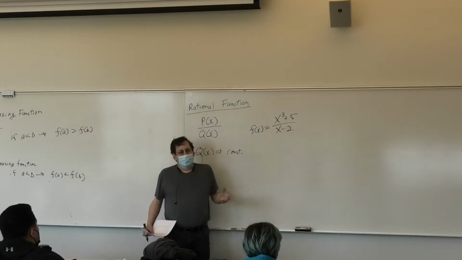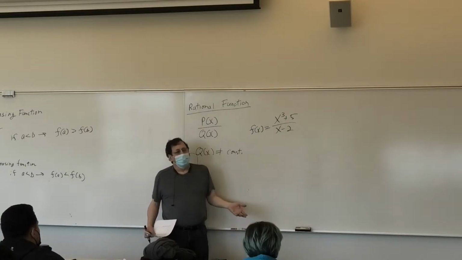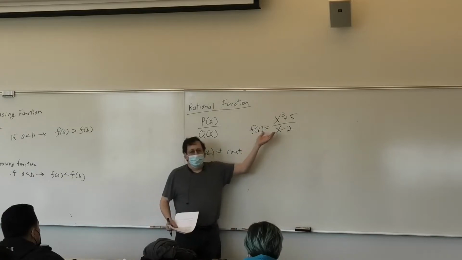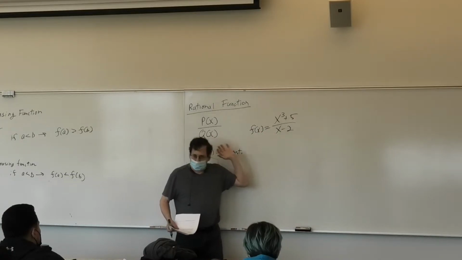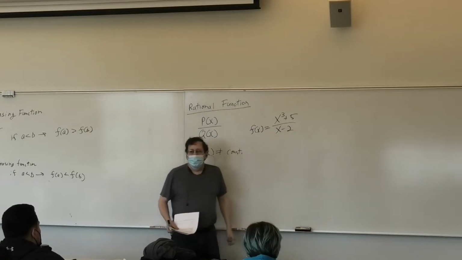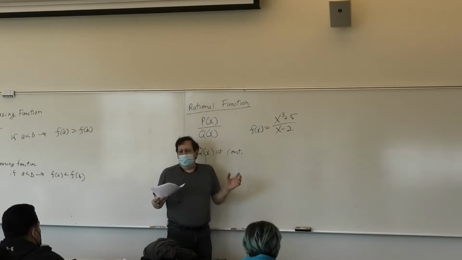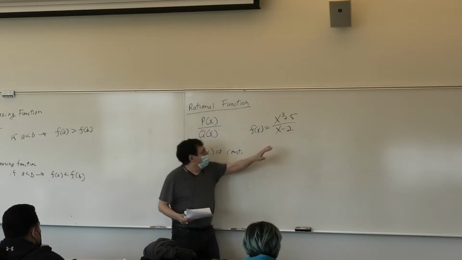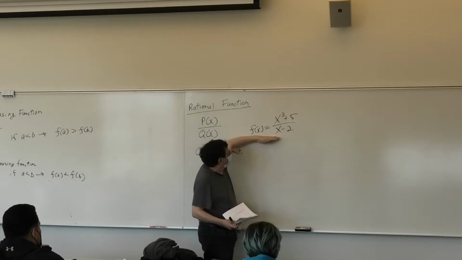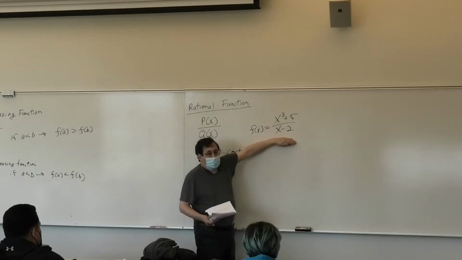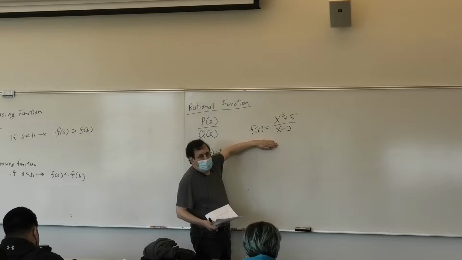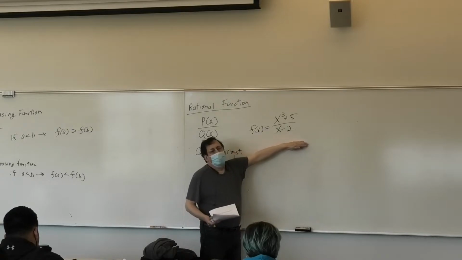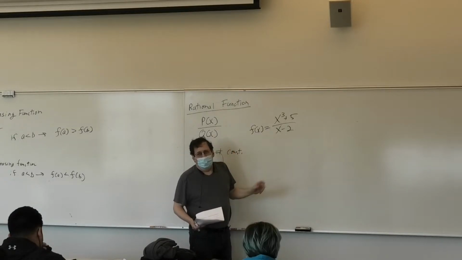Well, that's a convention. We just decided that if it doesn't say what the domain is, it's everything it can be. But functions are not functions without domains. This by itself, even though I've expressed it that way, is not a function, it needs a domain. If I haven't specified it, that's the convention we use.